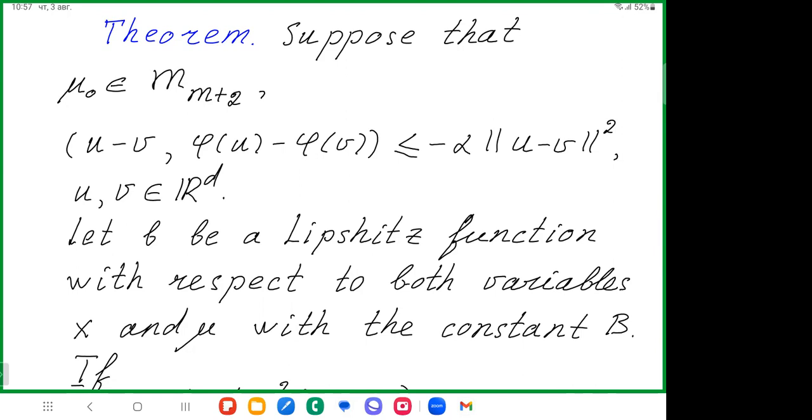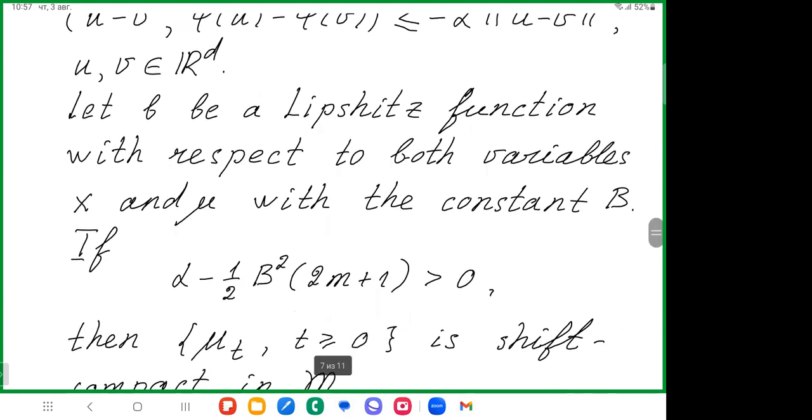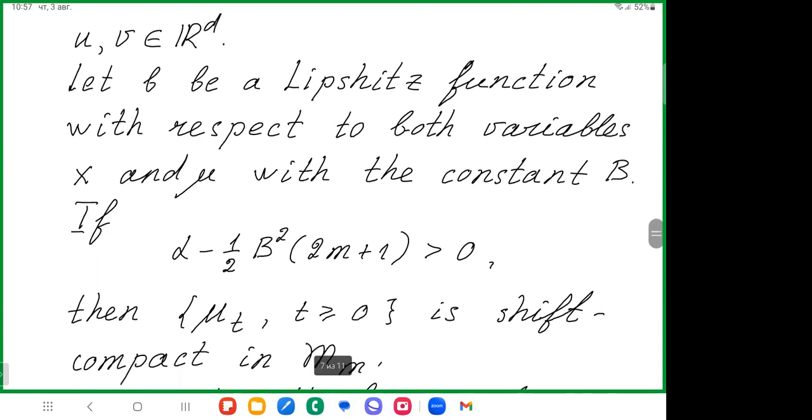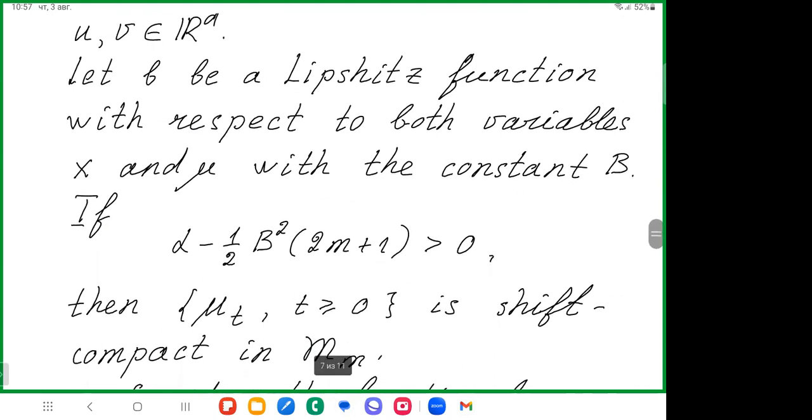Let B be a Lipschitz function with respect to both variables x and mu, with the constant B capital. And we have such a technical condition that, as I said, alpha must be sufficiently large, as in the case of Ornstein-Uhlenbeck and its nonlinear analog.